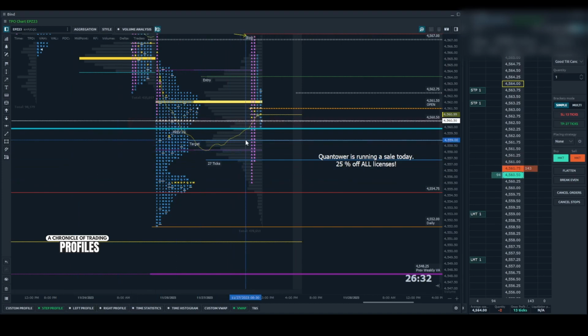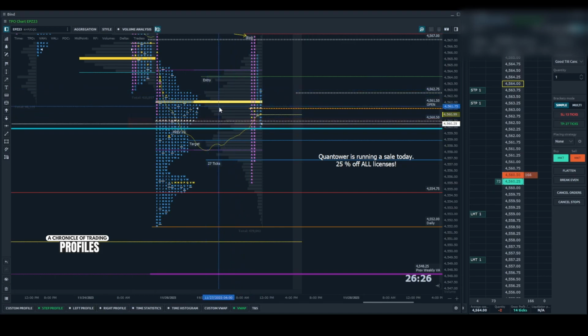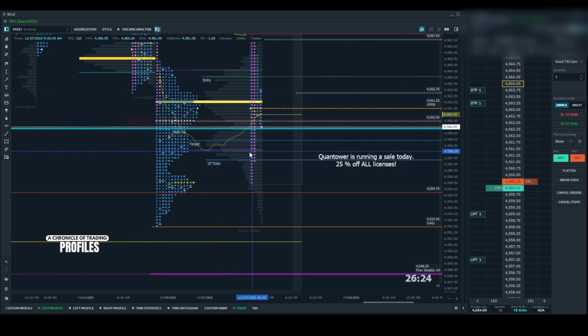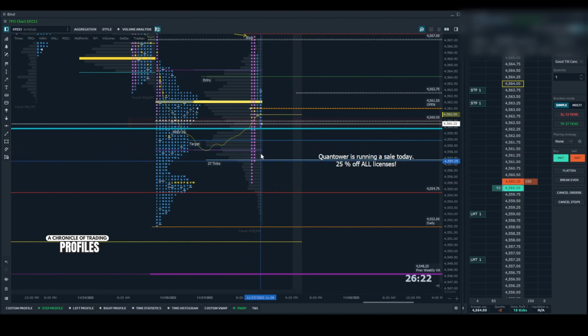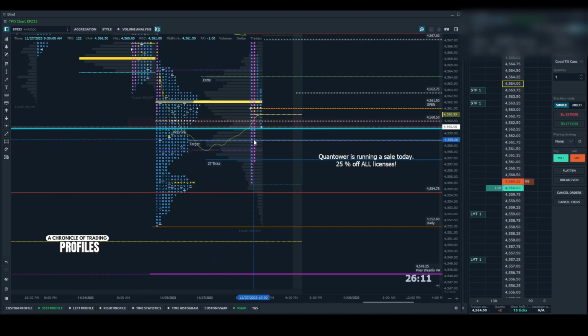So if we can get to this first target, I'll bring my stop down to about here because I don't want to get back into this node. And then if we get anywhere close to this without pushing through here, I'll take that second one. So here you can see it looks like it's pushing through that low volume node. That'll get us into this node, which should take us right to our first target.